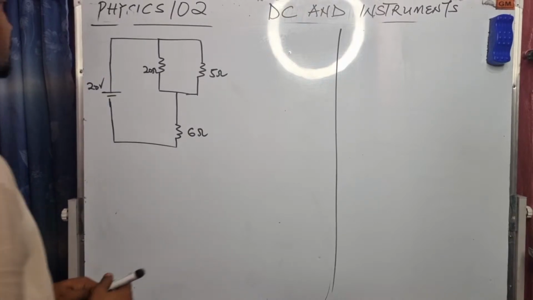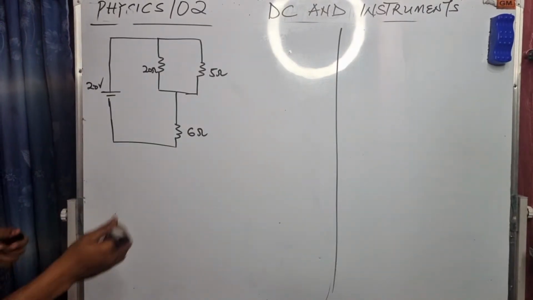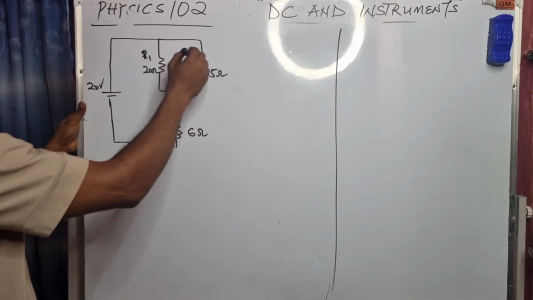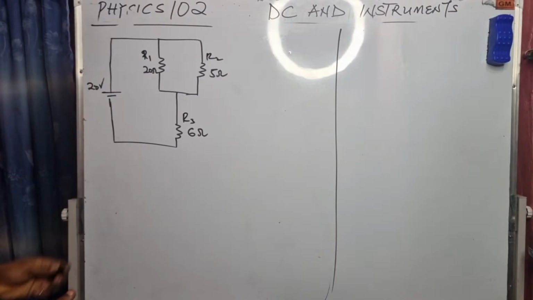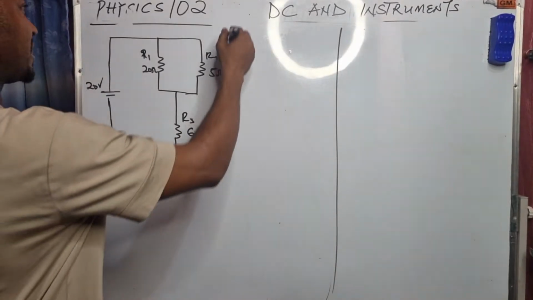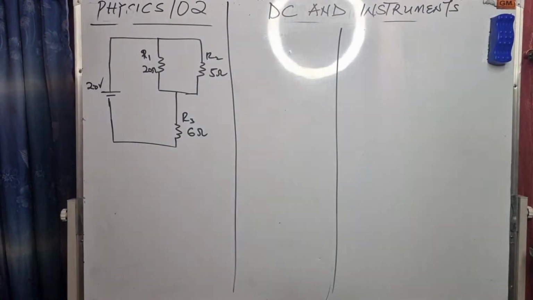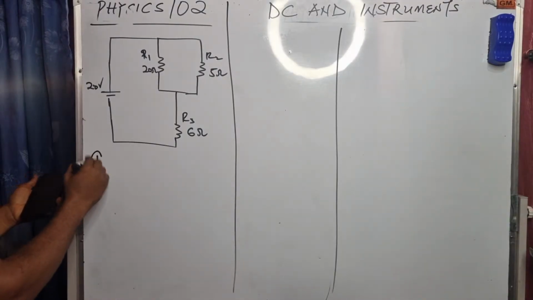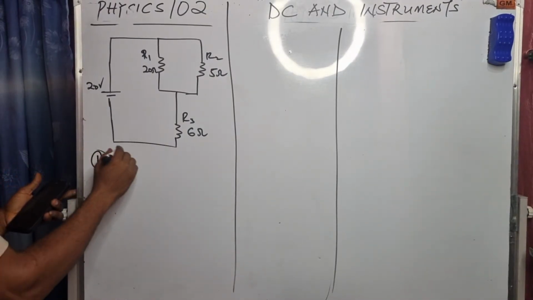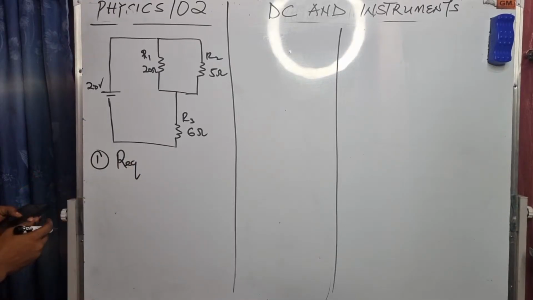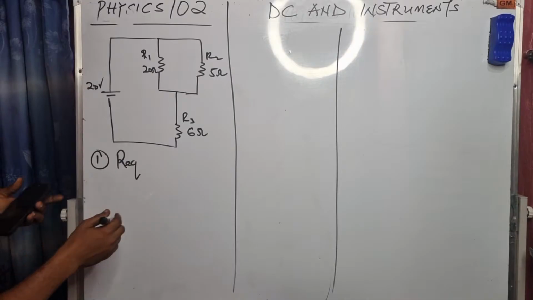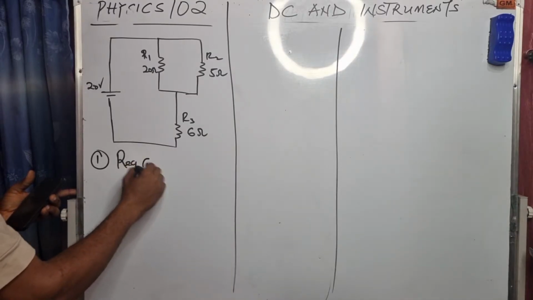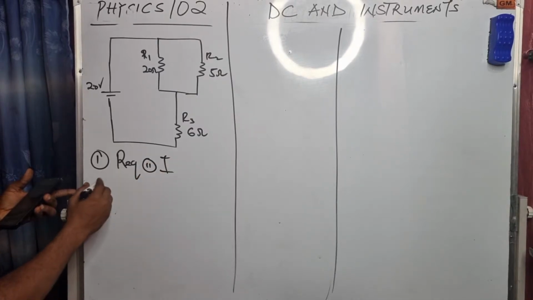All right. Look at this circuit here. We have our RO1, we have our RO2, we have our RO3. The question says that the first thing we are asked to find in this circuit is: number 1, find the RO equivalent, the total resistance. Number 2, the currents flowing through each resistor.